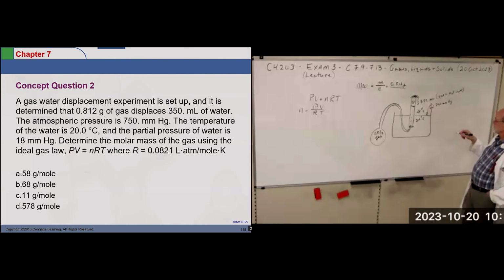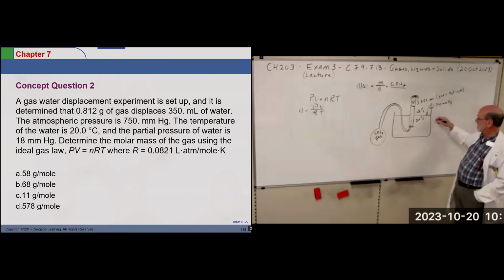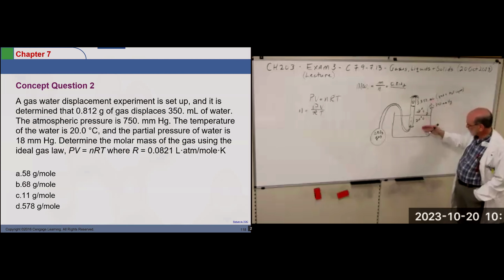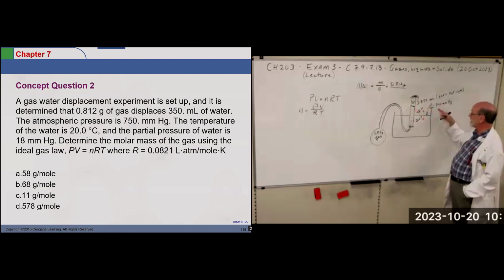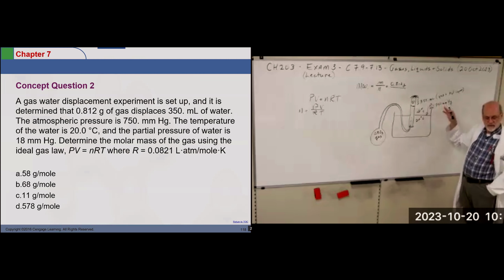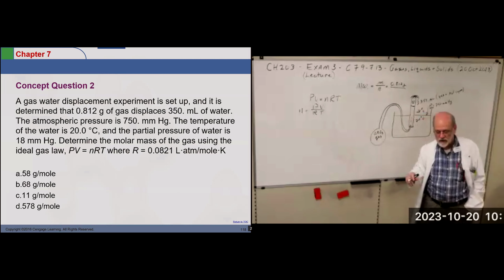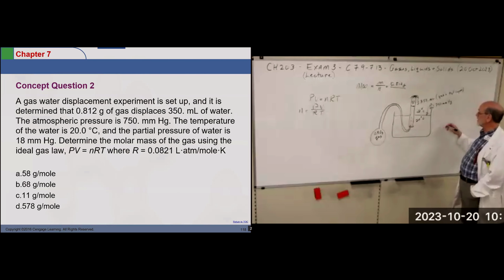But we don't know that. What we do know is the pressure, right? Atmospheric pressure on this surface and on the gas inside is 750 millimeters of mercury. What's the partial pressure of the gas? That's what we want to know. We don't want to know the total pressure because we don't care about the water vapor. We only care about the gas. So that's where we're told that the vapor pressure of the water is 18 millimeters of mercury.